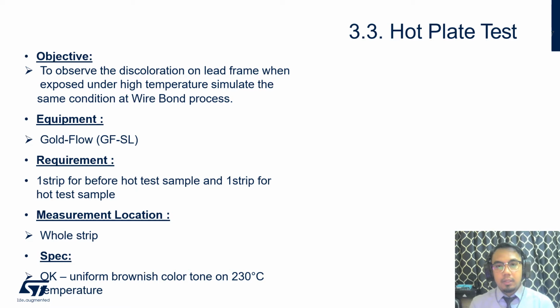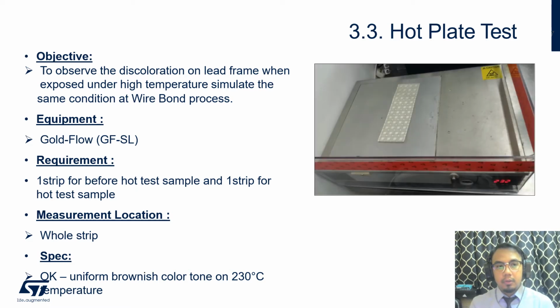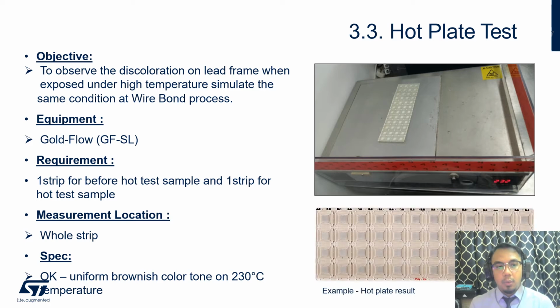The next process is the hot plate test, whose objective is to observe the discoloration on the lead frame when exposed to high temperature, simulating the same condition at wire bond process. The machine we use in this process is the Gold Flow GF XL, which requires one strip for the before hot plate test sample and one strip for the hot plate test sample.